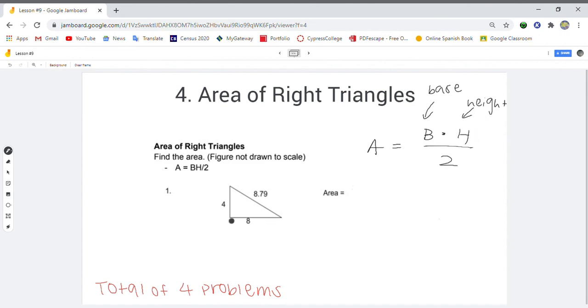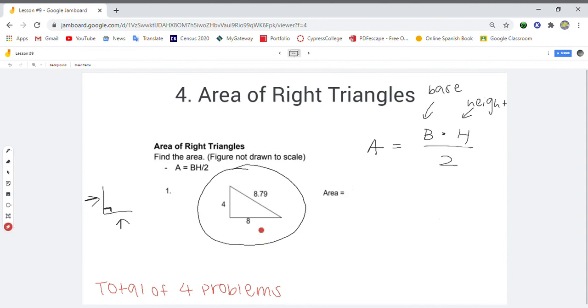So when we're given this triangle, we have to know which one is the base and which one is the height. The base and the height are the sides that create the 90 degrees angle. It creates an angle like this.